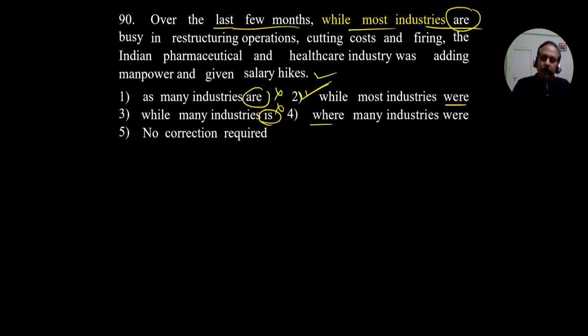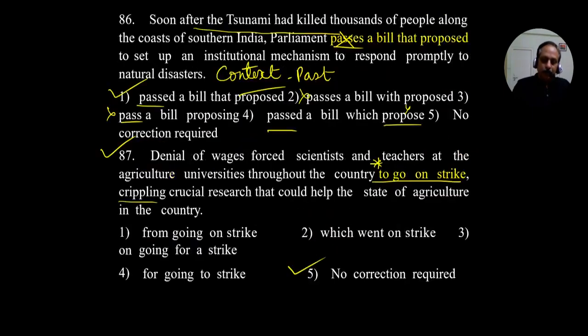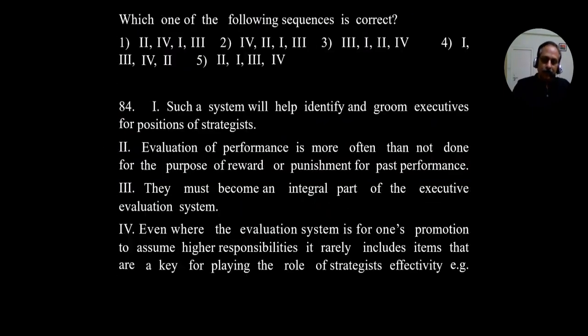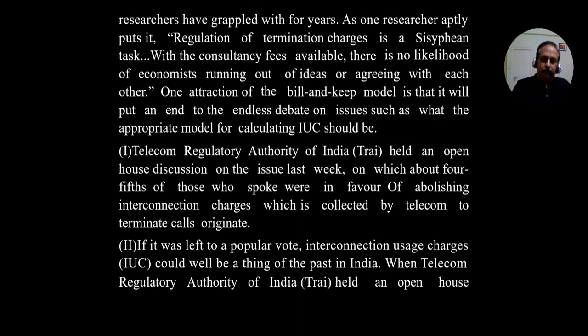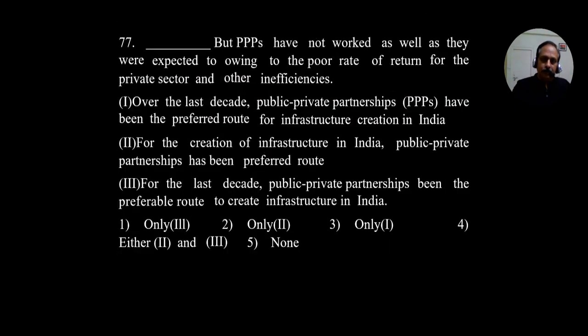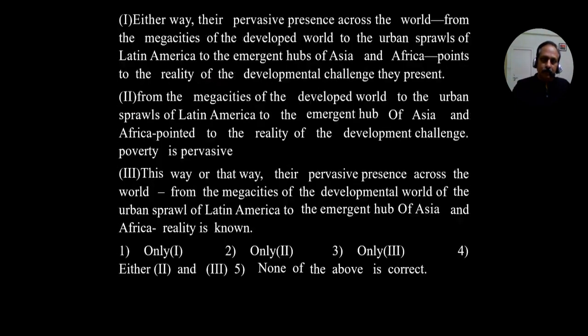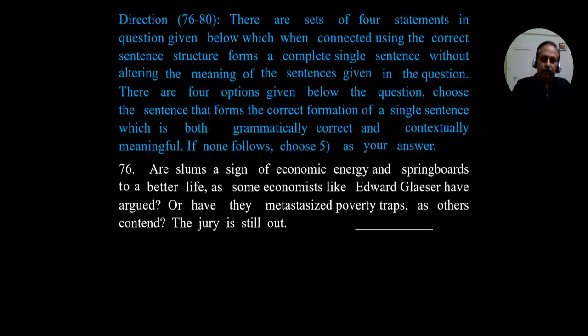It is an hour and 10 minutes, but do remember, I haven't touched 10 questions. 5 of these go with, let us have a look at 76 to 80. What are these about?